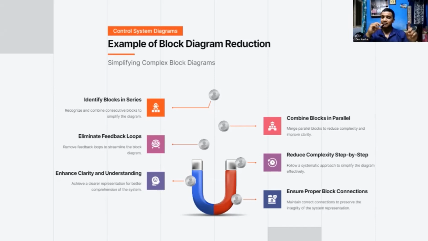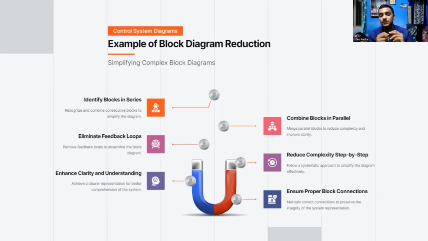The second is to eliminate the feedback loops, removing them to streamline the diagram, enhance clarity and achieve a clearer representation for a more comprehensible system.